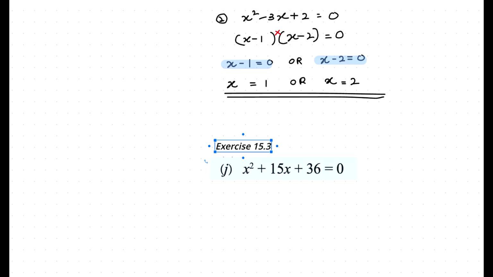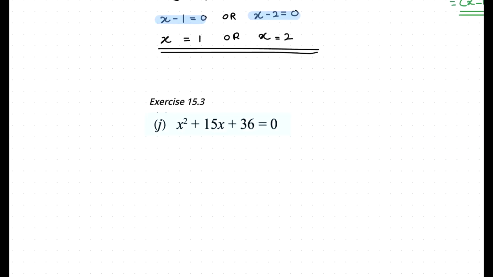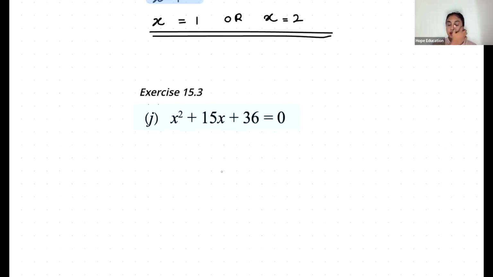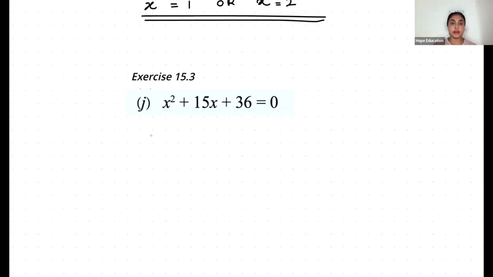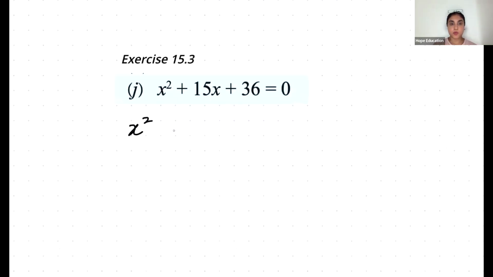Done? All right. So shall we discuss this? Okay, great. So here we have to factorize, right? When you factorize, I will straight away put the answer. x squared plus 12x plus 3x plus 36 equals 0.